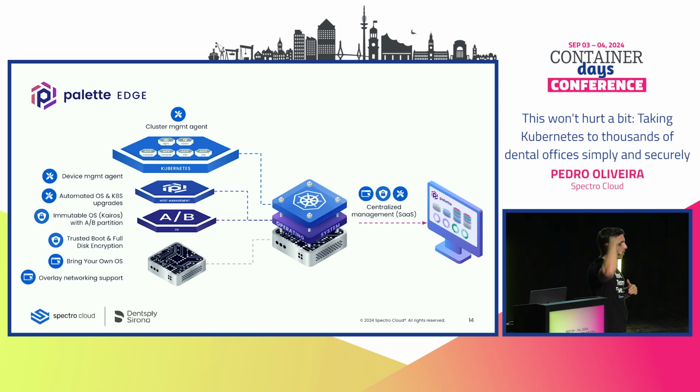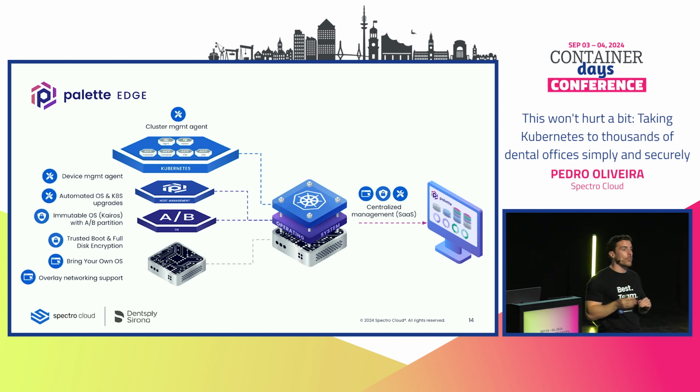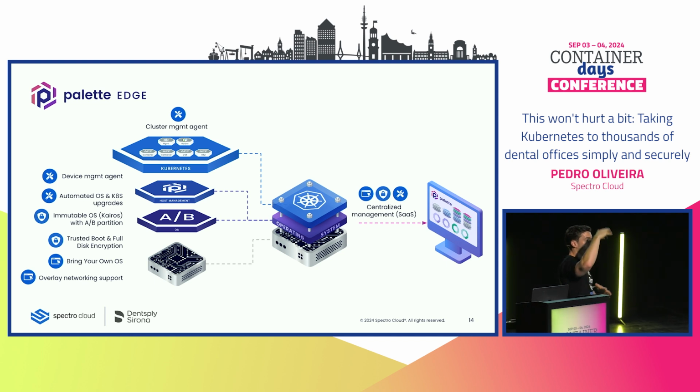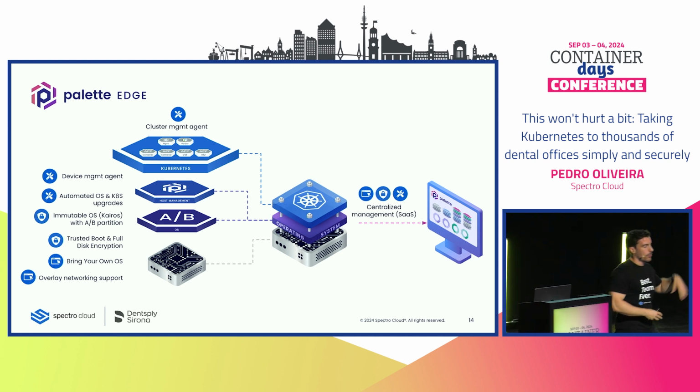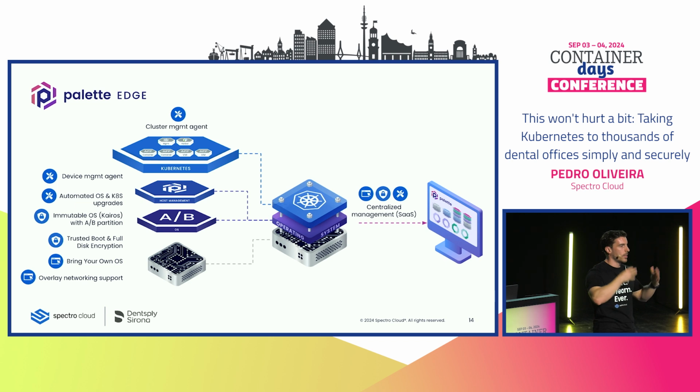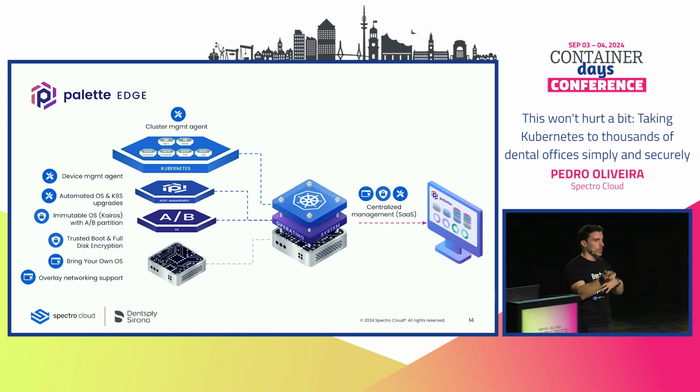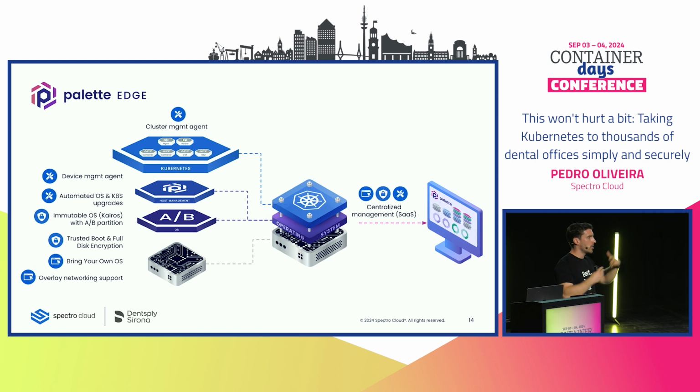And on top of the operating system, we also have a device management agent, and that agent effectively allows you to bootstrap the operating system, bootstrap the Kubernetes environment, and then once Kubernetes is up and running, you then have your cluster management agent, which basically then installs your entire Kubernetes cluster with your integrations, your applications, your configurations, your policies, everything in one place.